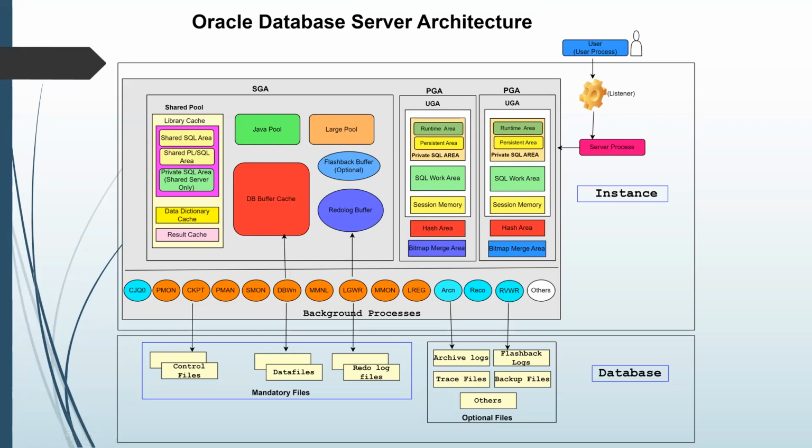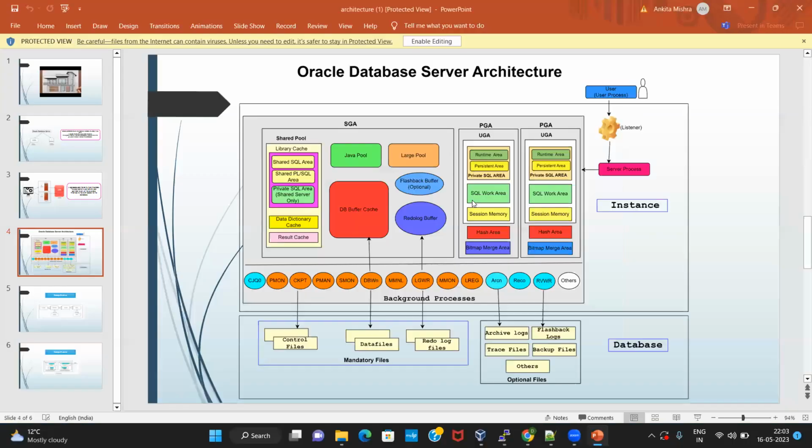So if the user fires a simple query like select name, employee ID from employees, a very simple select statement, then to execute that query on the user's behalf, that is the job of this server process. The actual query execution for the user will be done by the server process.